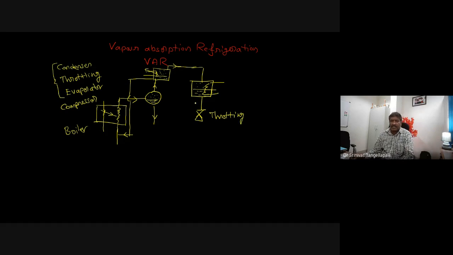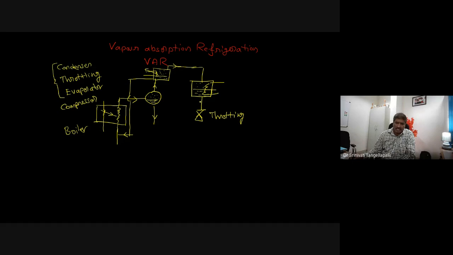Of course, here we can also use some subcooler. I'm explaining the basic components of this vapor absorption system. Step by step, you may improve the internal heat recoveries and add a subcooler heat exchanger, those things, to improve the COP of the system.